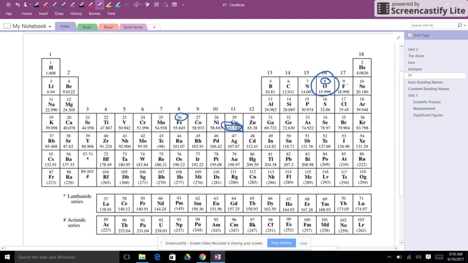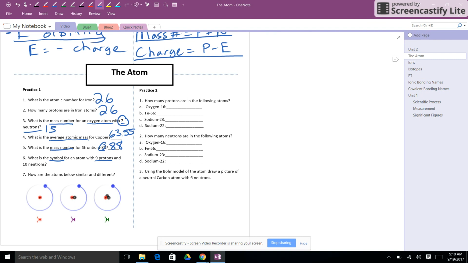We look at our periodic table. 9 protons is going to be fluorine. It's always fluorine. And then if we want to know the mass number, I would say 9 plus 10 equals 19. So we could say it's fluorine 19. Another way to write this is to put the mass number on top and the atomic number on the bottom.